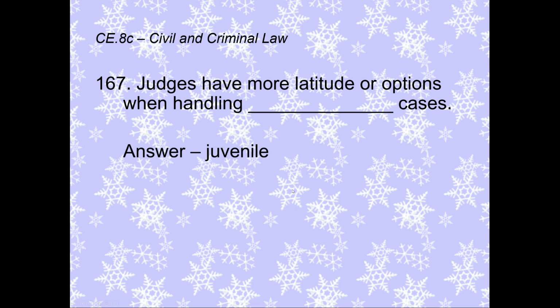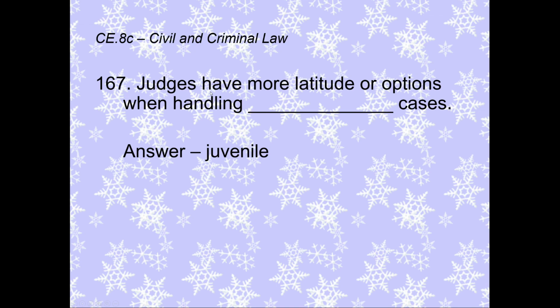Now, what's latitude mean? Tell me, I want to make sure you understand this word. They have more what when dealing with juvenile? What is latitude? Very good, Justin. So latitude is a big fancy way of saying flexibility or discretion.